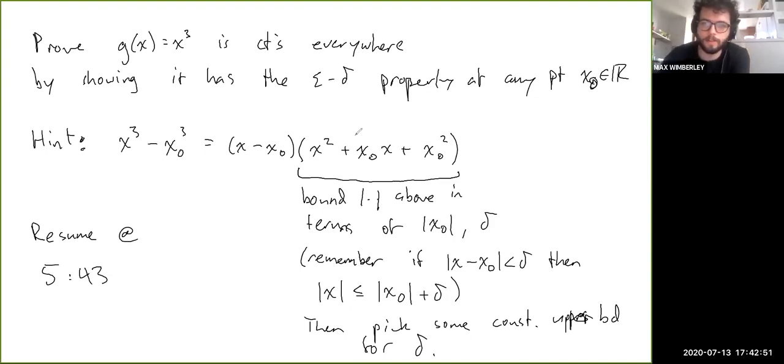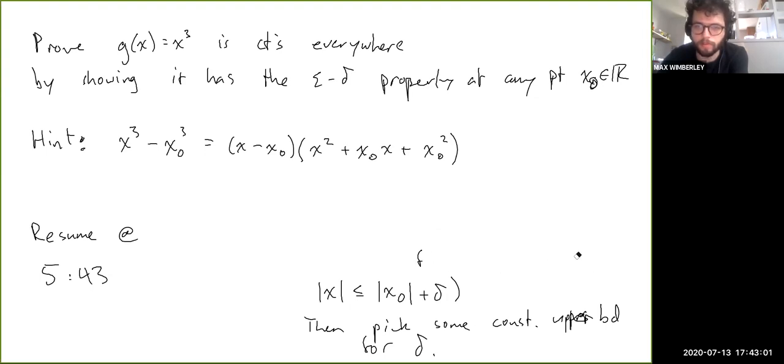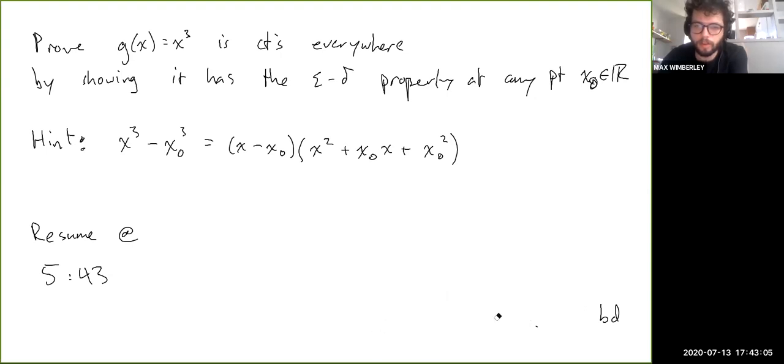Yeah, all right. So let's see. Let me erase this. So let's just go through the process I described here. What I was saying is, we want to bound the absolute value of this part above by something in terms of x naught and delta.